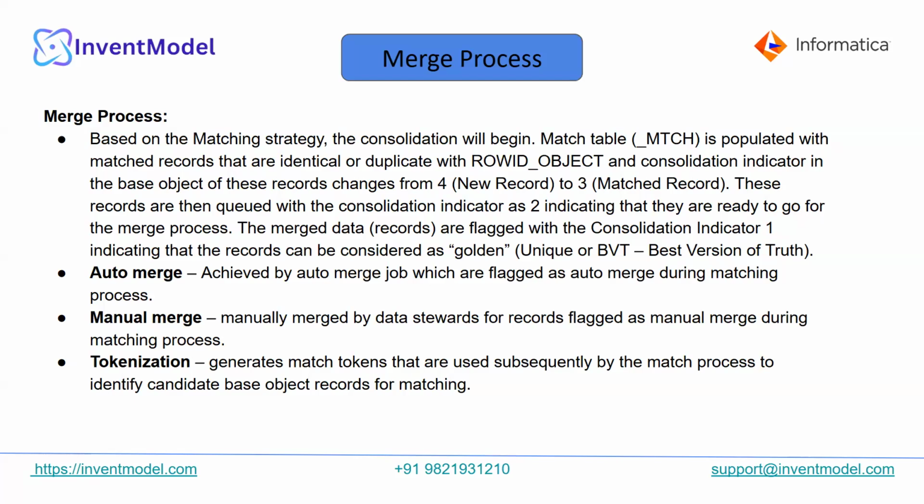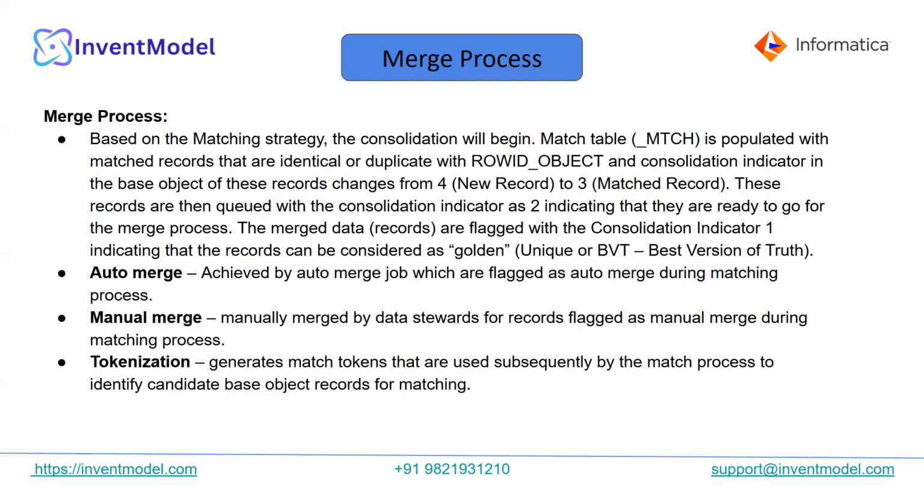And then we have two kinds of merge process based on the setup of the match process. Once the match process gets completed, it can be either auto merge or manual merge.